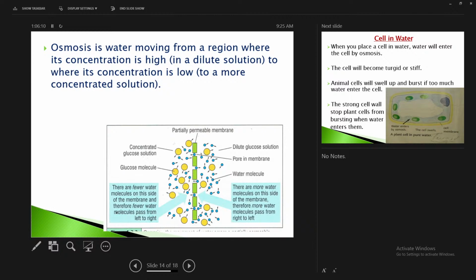Now, a practical example of osmosis taking place is, let's say you wash some clothes and hang them up, and midway through the process of the clothes drying, the rain starts to fall, and you take in those damp clothes.